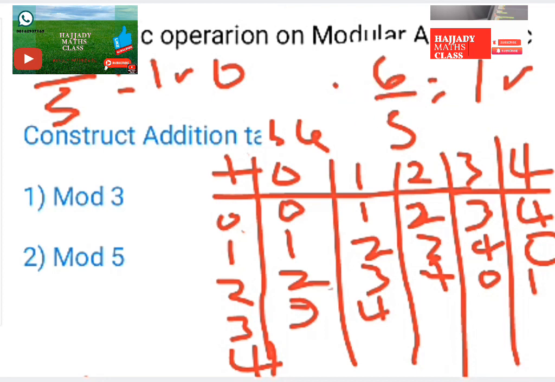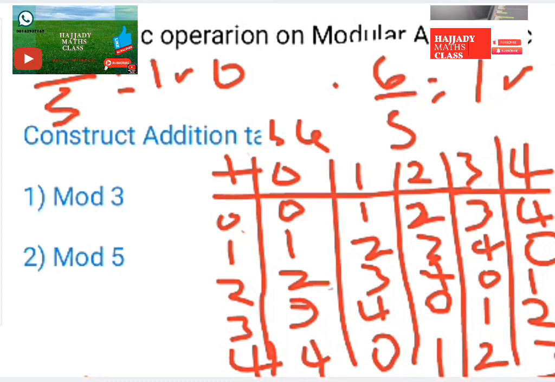So you have 0, 3 plus 3, which is 6, gives remainder of 1. 3 plus 4 will give remainder of what? 2, because 7 over 5 is 1 remainder 2. The last one, which is the 4. 4 plus 0, you have 4, plus 1, 0, 1, 2, 3.